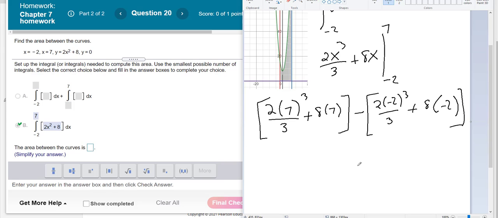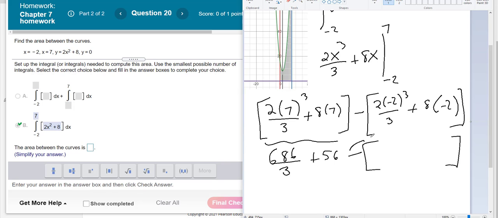In the first set of brackets, 2 times 7 to the third is 686 over 3 plus 56. I'm going to leave it like that, and then I'll come back and combine everything at the end. Minus, I'm going to leave this in parentheses so I don't miss that minus sign. Negative 2 to the third is negative 8, times 2 is negative 16 over 3, minus 16.